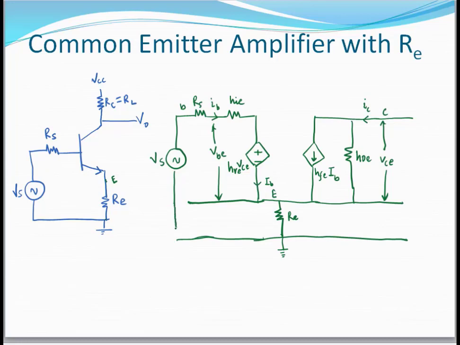So now I will connect to this terminal, and for RL and RC, one terminal is connected to the collector, and the other would be connected to the ground terminal, because VCC is connected here. So I will draw RL here, RC or RL.